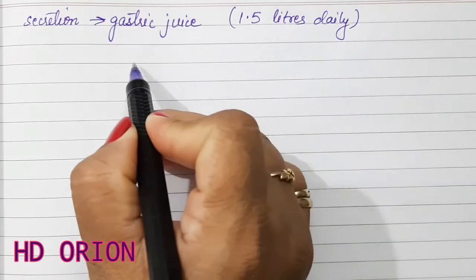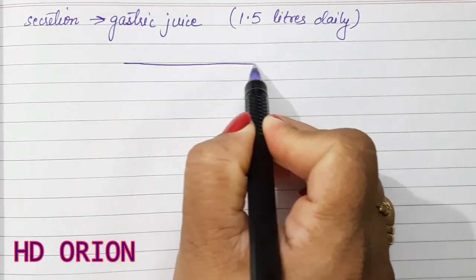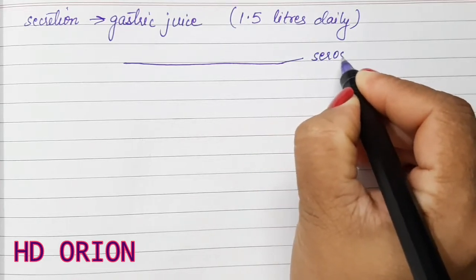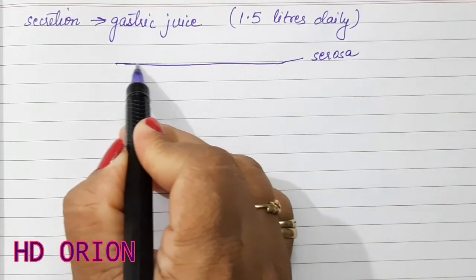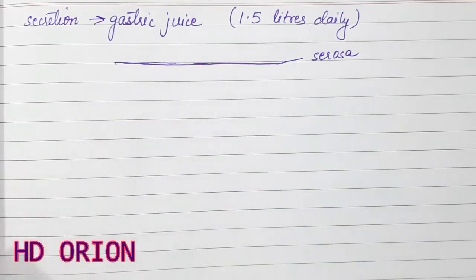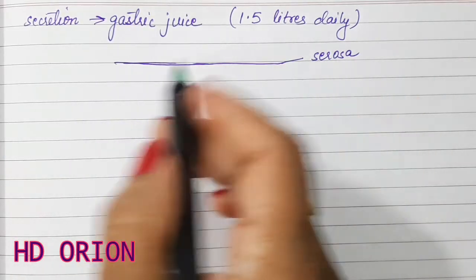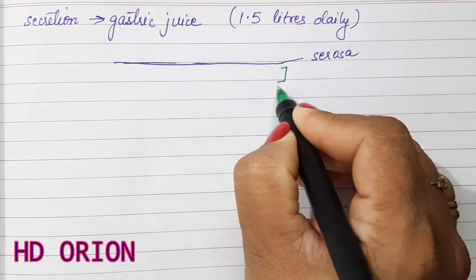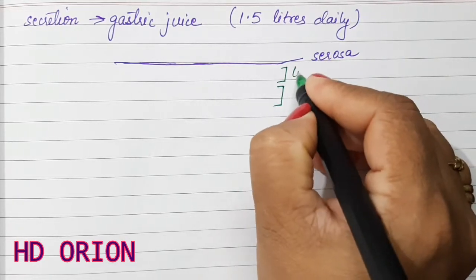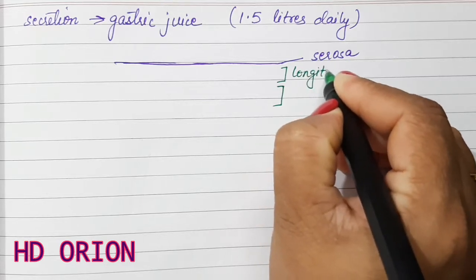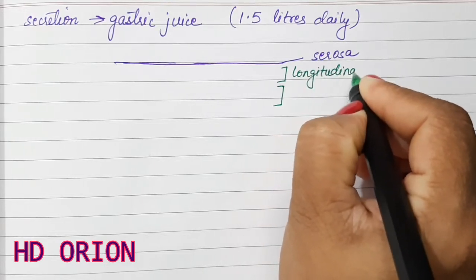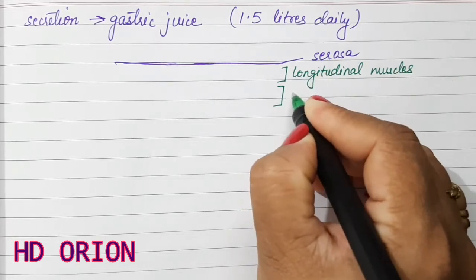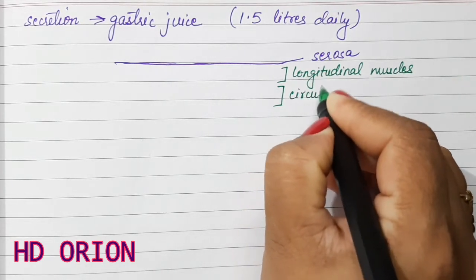The outermost layer of the stomach is the serosa. Inside of this is the muscularis. Now the muscularis has 2 layers. The outer one is made up of longitudinal muscles, and the inner one is circular muscles.